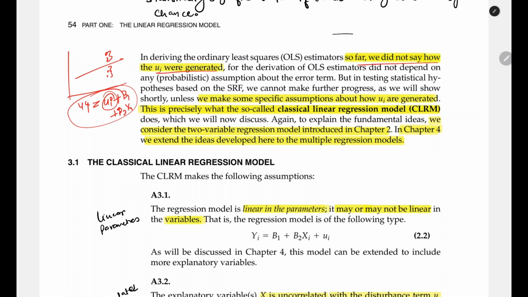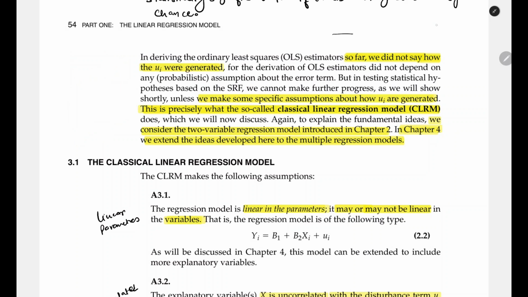So when we talk about this error term, it is very important, as it has a very significant impact on the actual values that we are deriving from the regression.